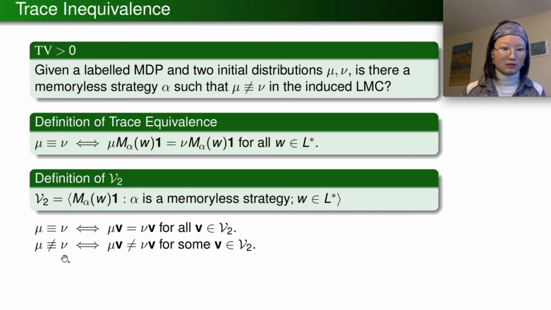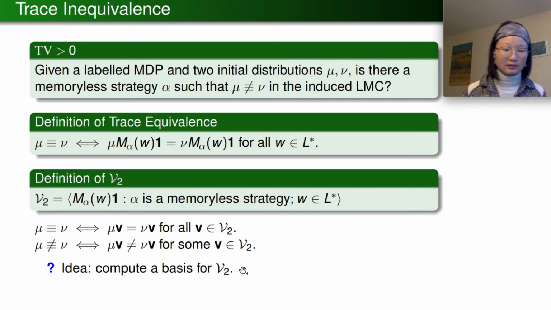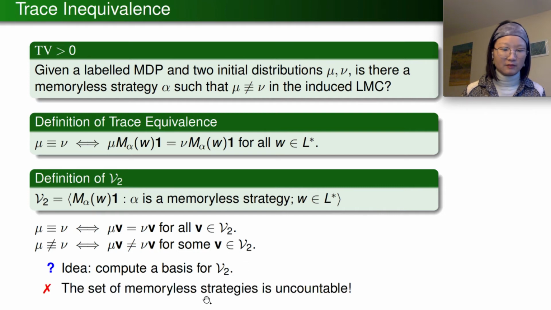Equivalently, mu and nu are not trace equivalent if there exists a vector V from V2 which makes mu V and nu V different. Then by this definition, our problem is reduced to computing a basis for V2. To compute a basis for V2, we can just go through all the memoryless strategies. But there's a big problem with this idea, as the set of memoryless strategies is uncountable.